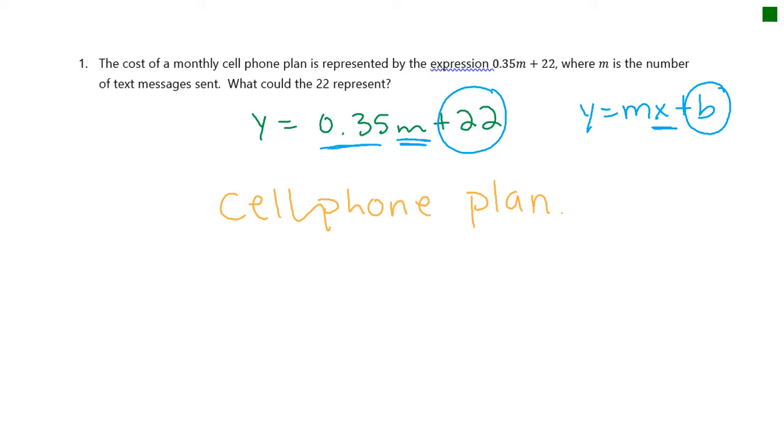Like if you go to buy a phone, they always charge you every month $22 plus the text messages that you do. Obviously, you don't know how many text messages you're going to do in a month, but they're going to charge you 35 cents. The 22 has to be the cell phone plan. Can you guys try number 2?